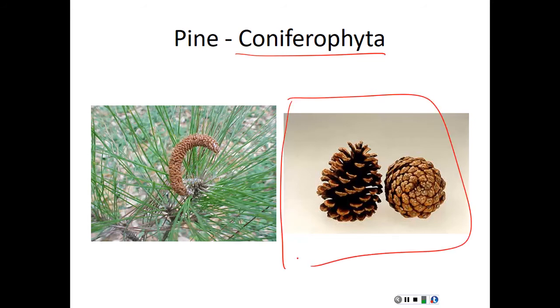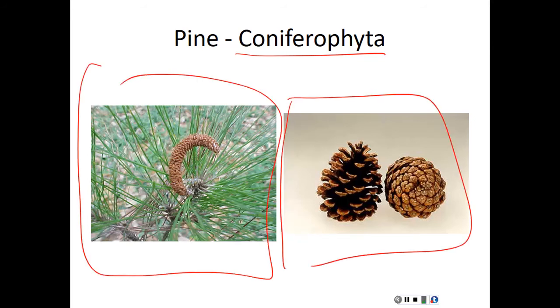But we have separate male and female cones. The female cones get a few different names. Sometimes we call them seed cones. Sometimes we call them ovulate cones. We also call them a megastrobilus. We've seen that word strobili before, right? A cluster of sporangia.